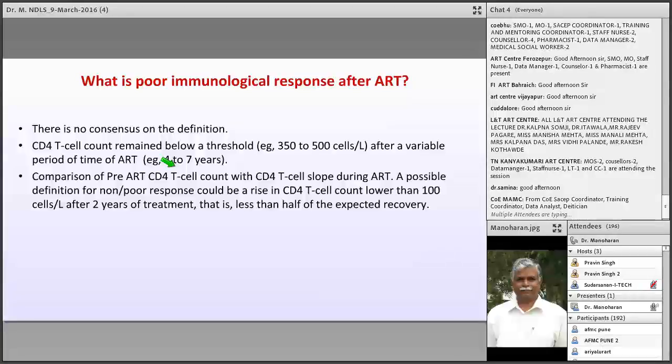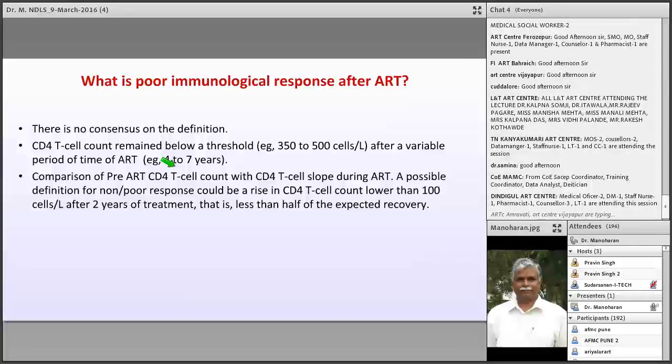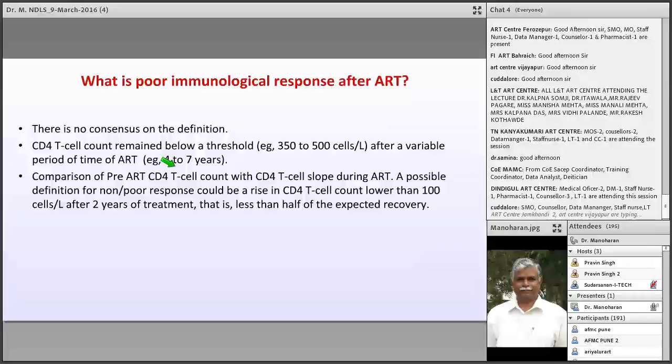Other study definitions of significant immunological response to ART: some authors have said an increase of 50 CD4 cells per cubic millimeter or 100 cells per cubic millimeter, and some authors have used even 25 cells per cubic millimeter in a 6 month period after ART.